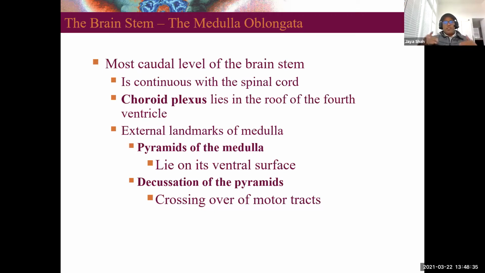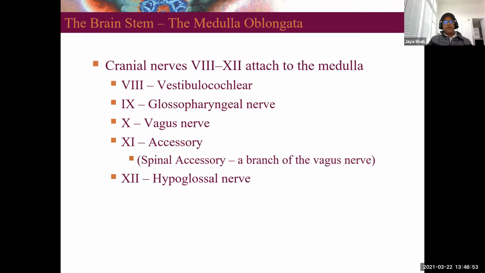That crossing of the motor tracts is called decussation of the pyramids. Are you following me? That's why if somebody has a stroke on the right side, the paralysis and loss of sensation will be on the left side. And if it is on the left, it will be on the right side.